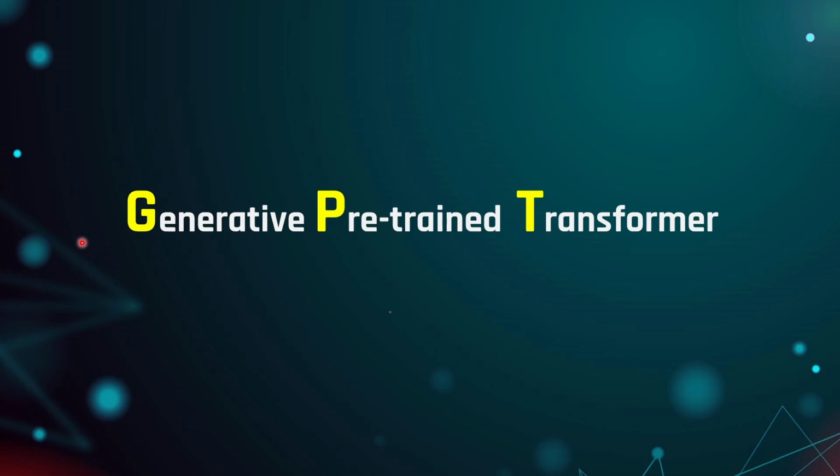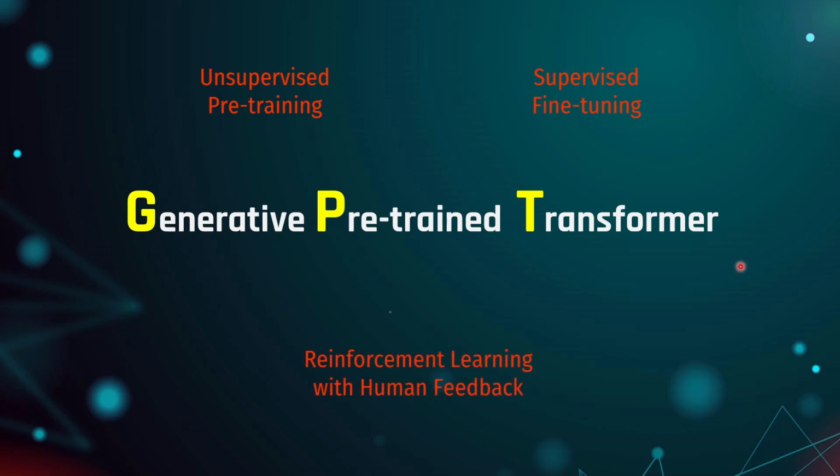To understand these particular concepts, you have to understand three more terminologies, namely unsupervised pre-training, supervised fine-tuning, and finally reinforcement learning with human feedback.